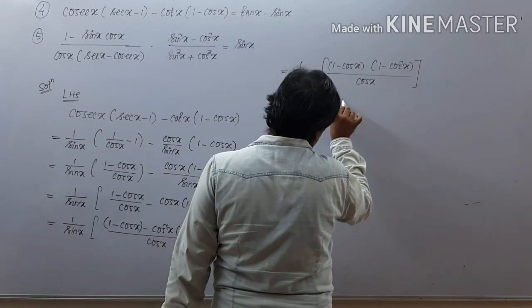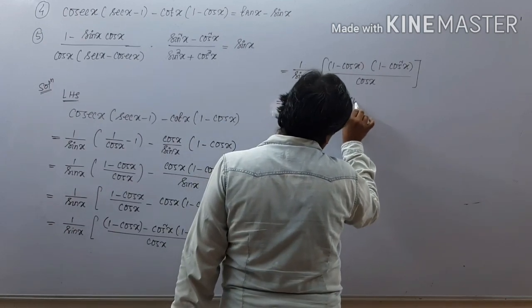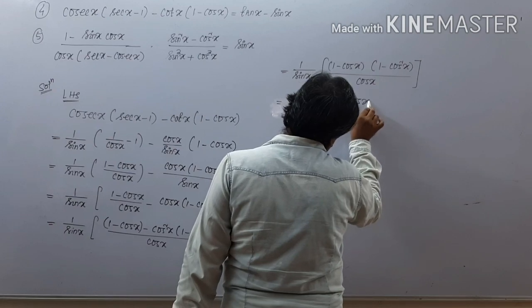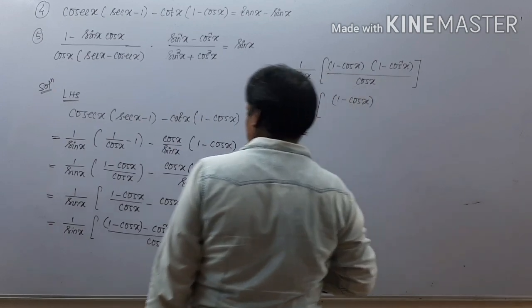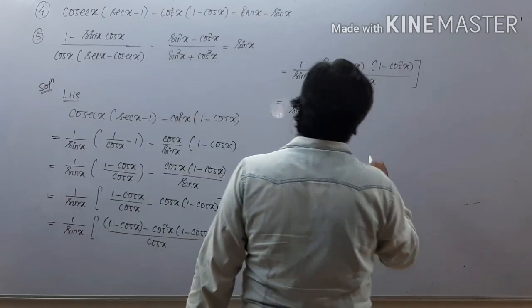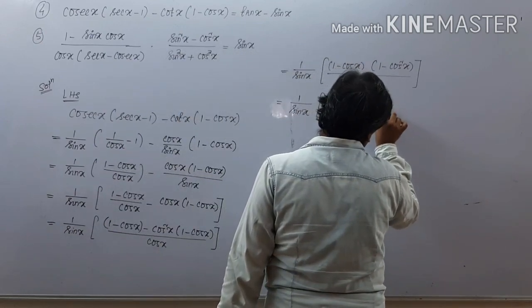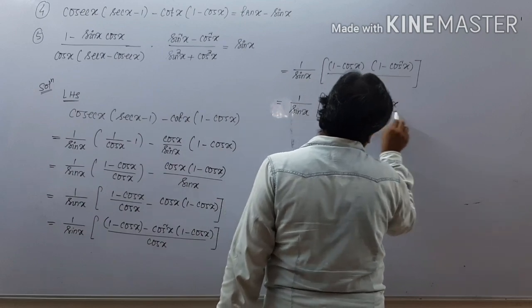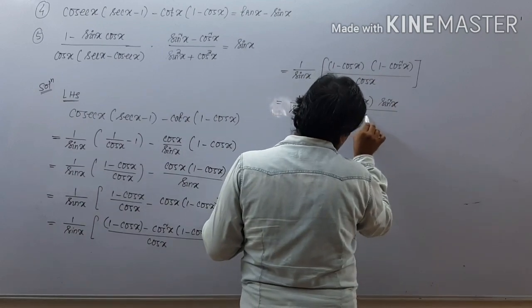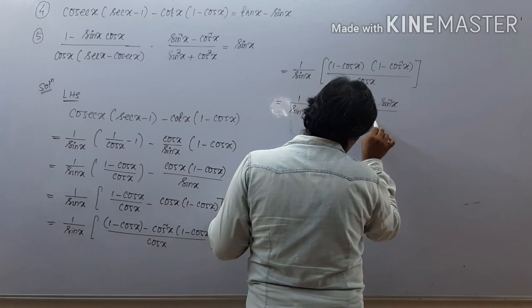Clearly it is (1 minus cos x) multiplied by, and from the formula we know 1 minus cos square x is equal to sin square x, divided by cos x.